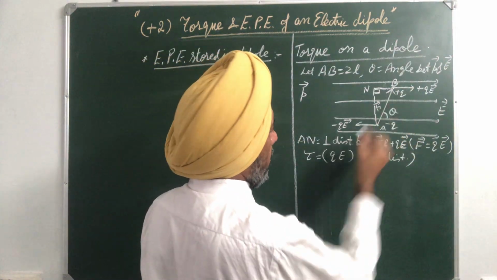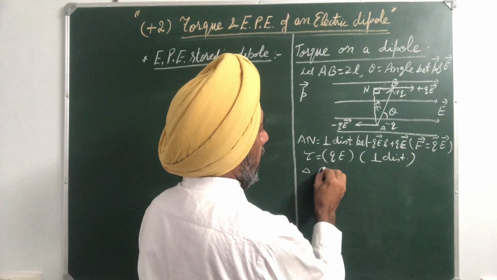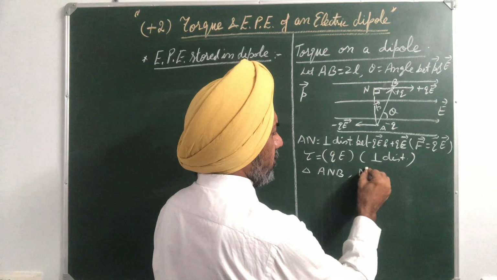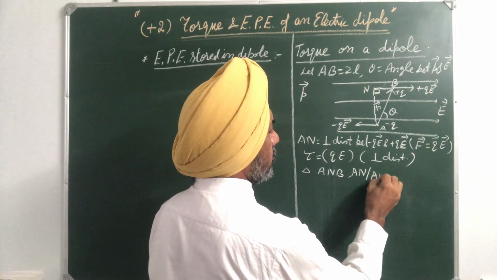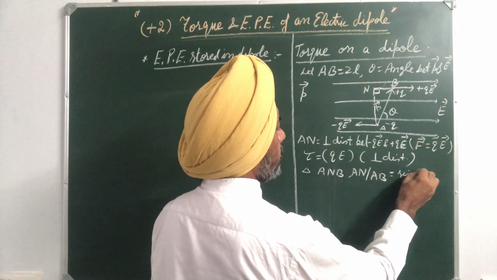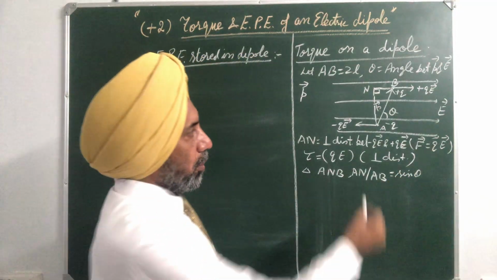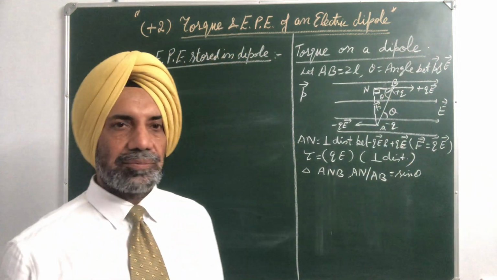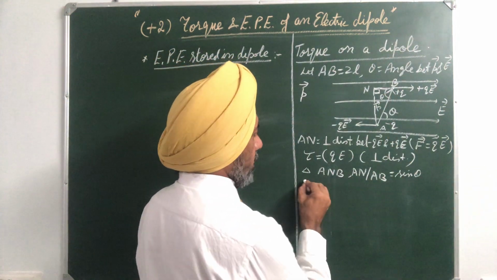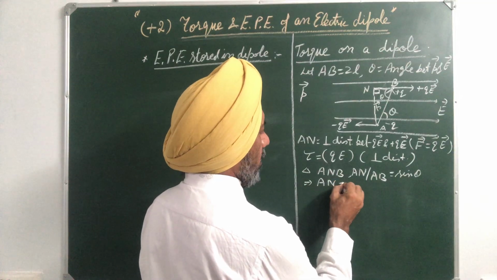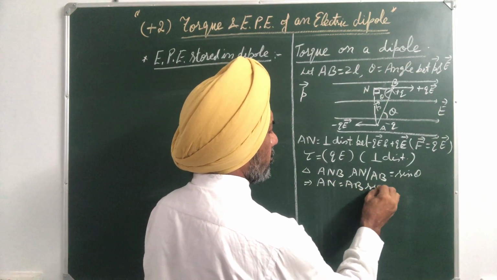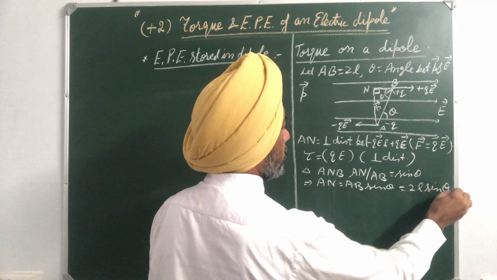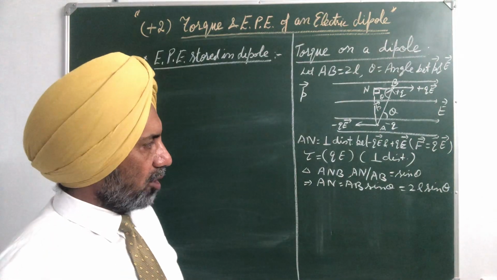Then from this right angle triangle, AN upon AB is equal to sine theta, perpendicular over hypotenuse, because this angle is also theta. This implies AN is equal to AB sine theta, which is equal to 2L sine theta, because AB is equal to 2L, the length of the dipole.